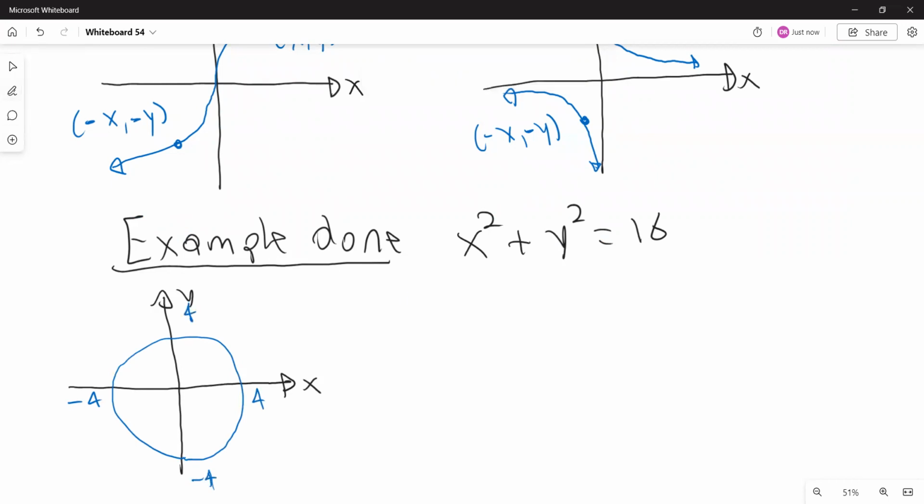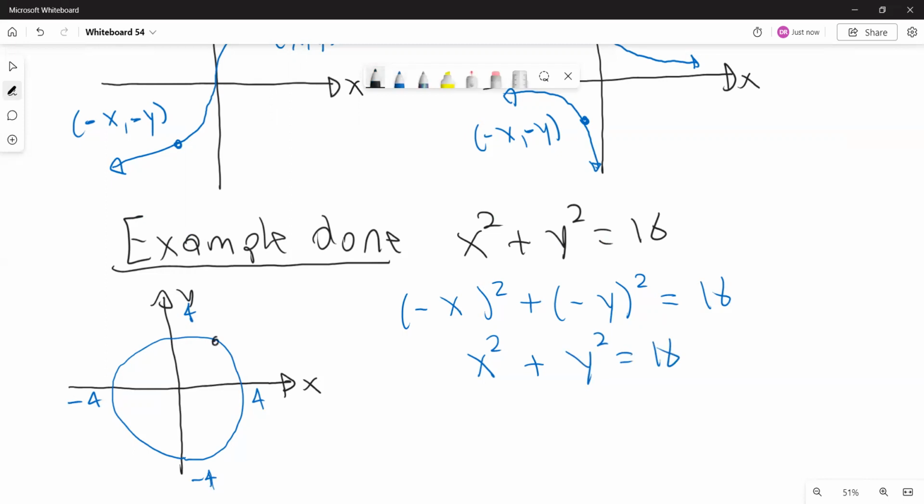Okay, so when we did this example, if we replace both x and y with their opposites, we get that the opposite of x squared is going to be x squared, and the opposite of y squared is going to be y squared. So take any point on the circle. If xy is on the circle, then the opposite of x, comma, the opposite of y is also going to be on the circle or the graph.